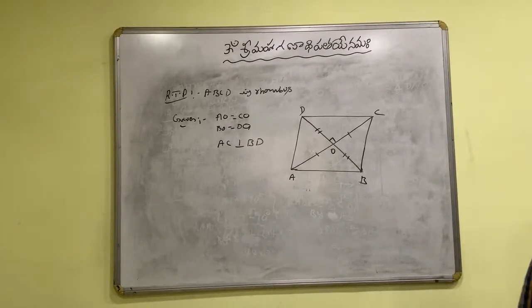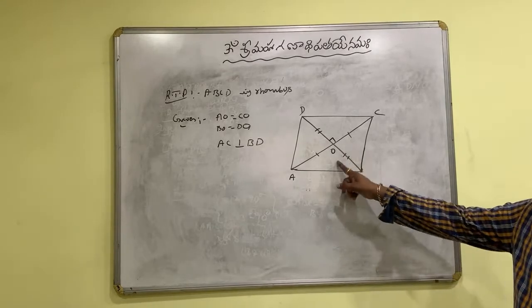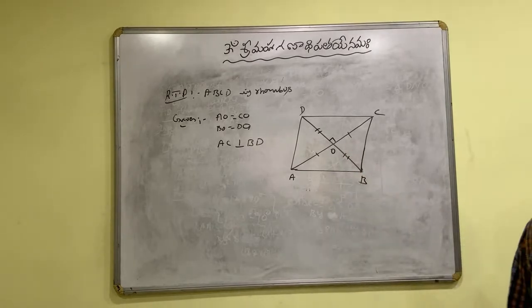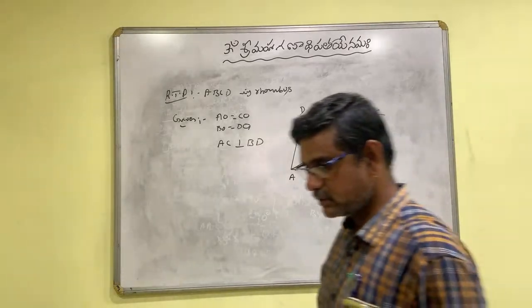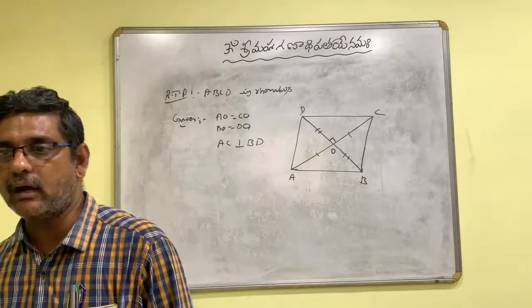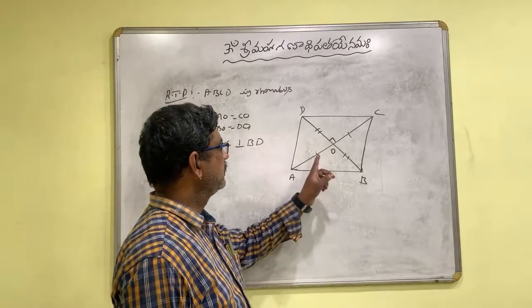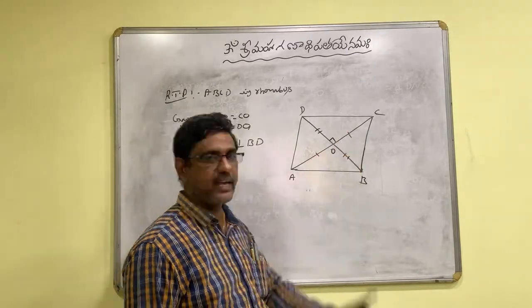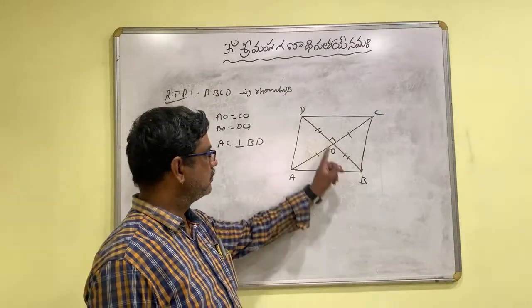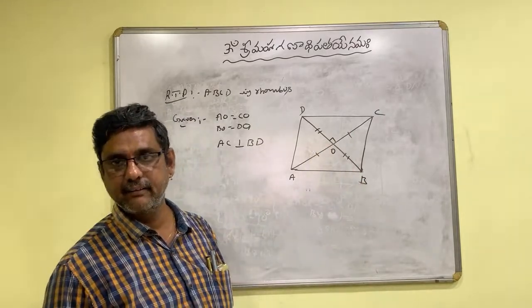First we need to take triangles AOB and COB. Are they congruent? Yes, AO is equal to OC, BO is the common side.